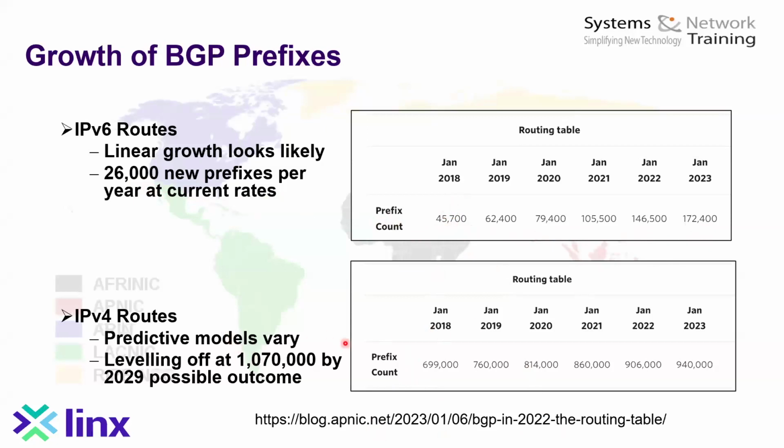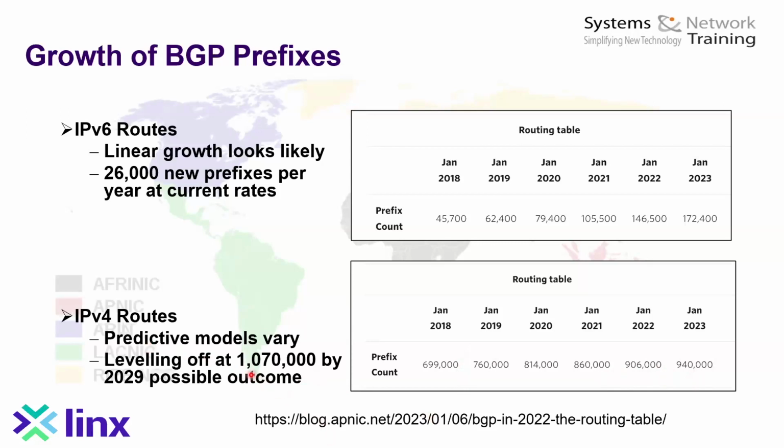In terms of the IP version 4 routes, that's a much bigger number, but the number is really tapering off here. These are the prefixes seen in total in the internet from tools like route collectors, for example, a cumulative number of what we're seeing in the internet.